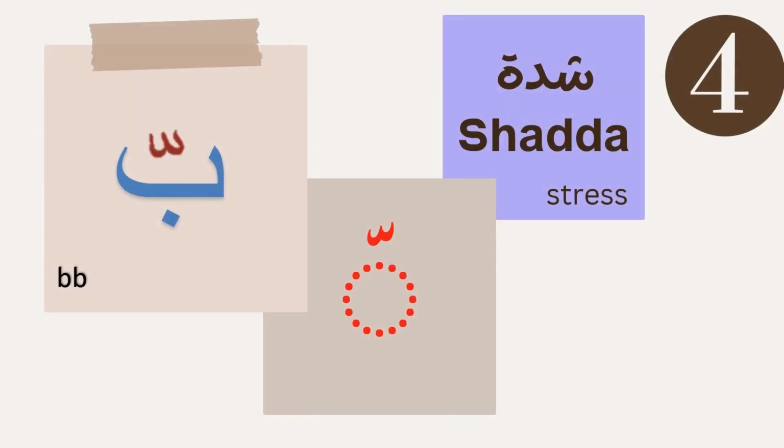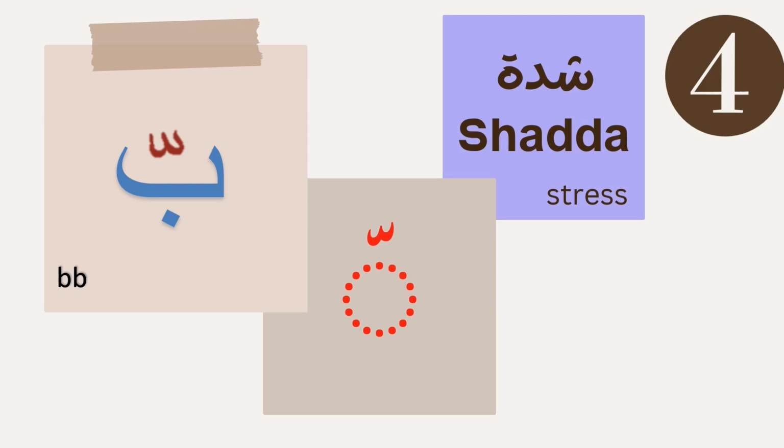Fourth one is called Shadda. Shadda literally means stress or emphasis, and it's called Shadda or stress because it makes you put a stress on the letter. It means it makes the letter doubled.